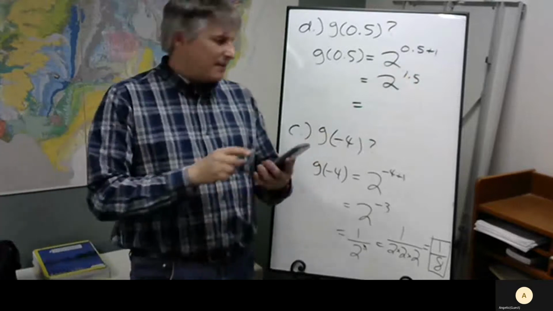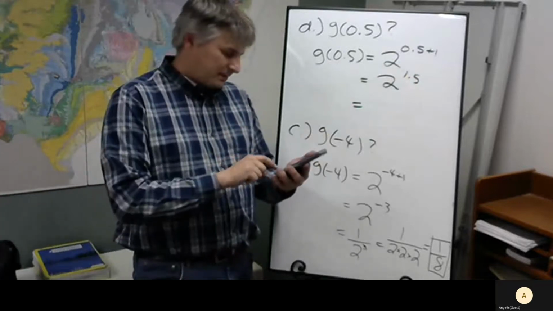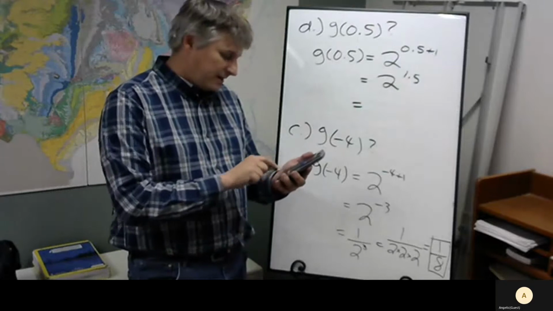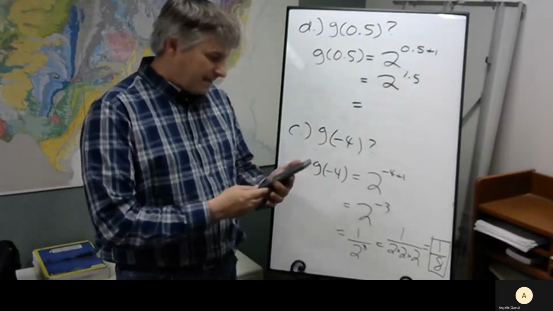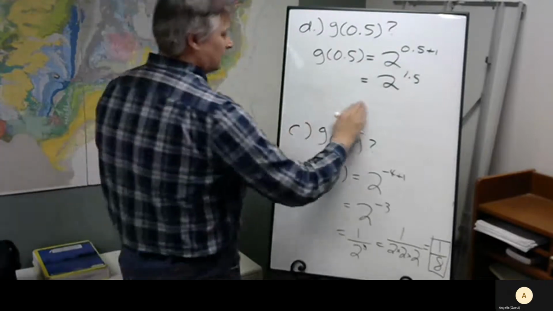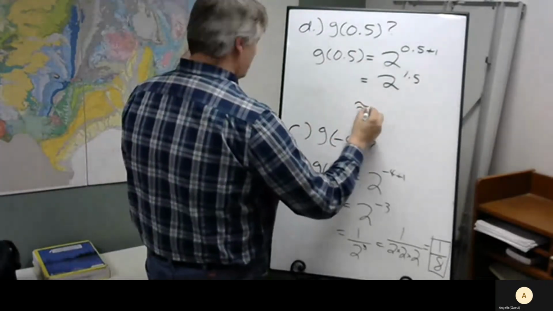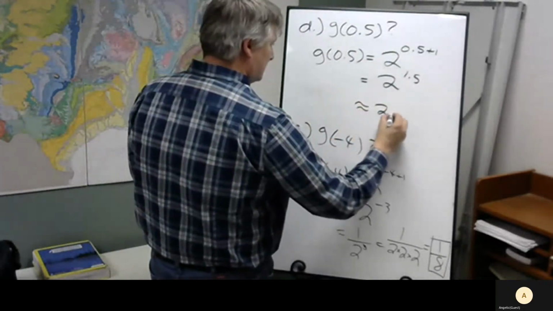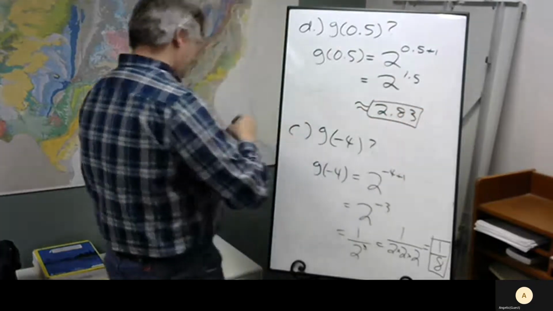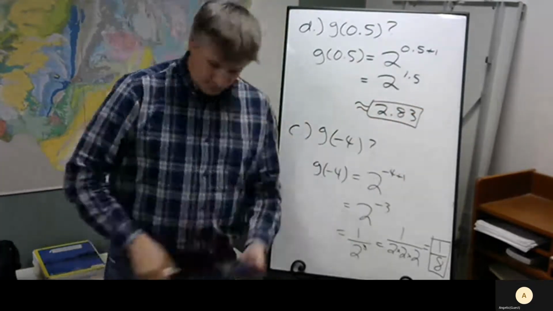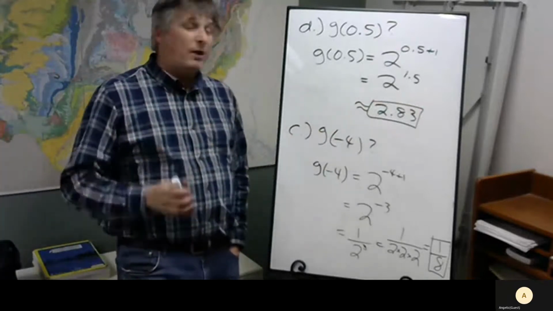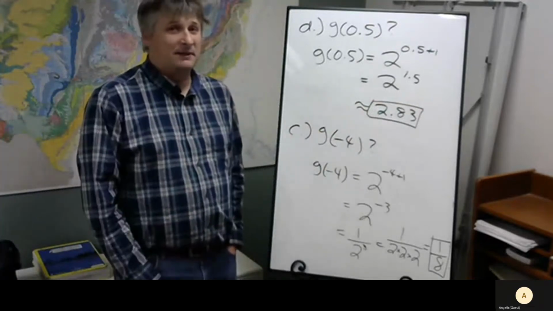And we'll talk a little bit about this after this problem. You go 2, give it the exponent of 1.5. And that's going to come out to approximately 2.83. So questions about that?